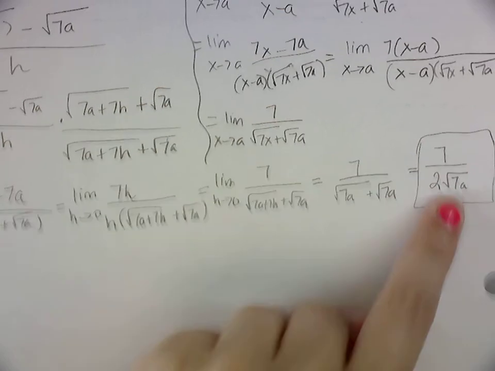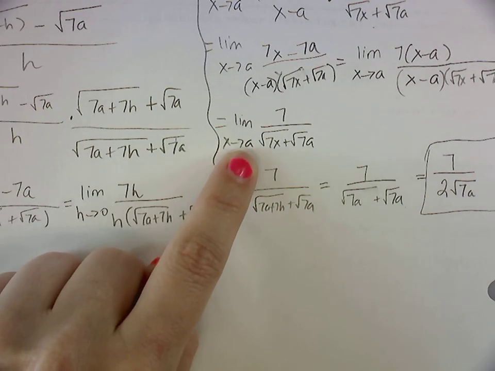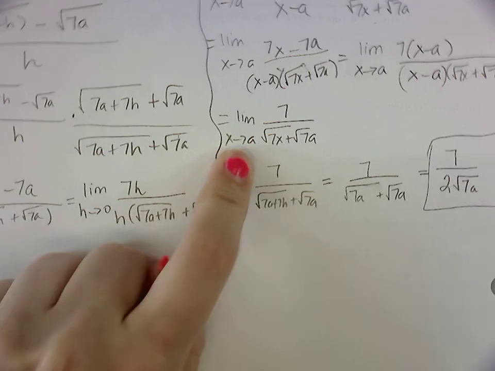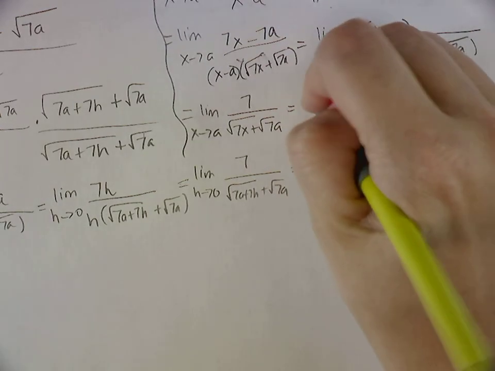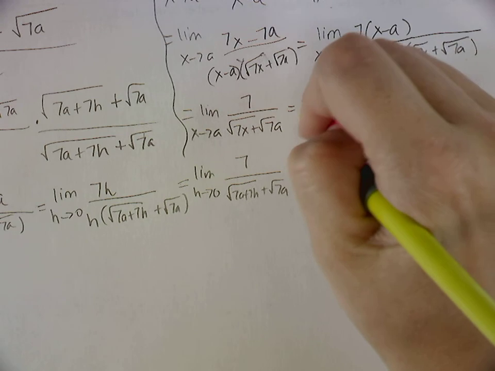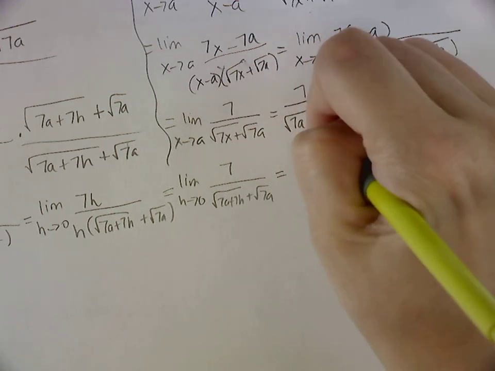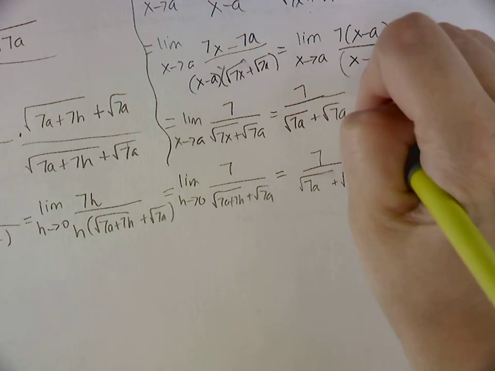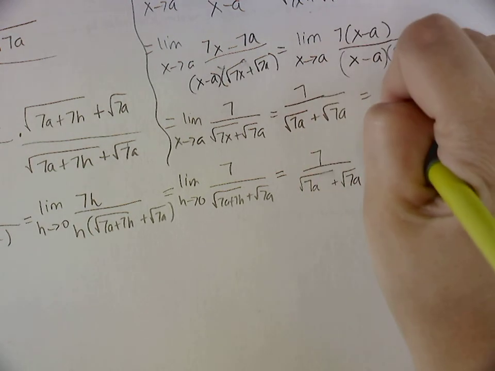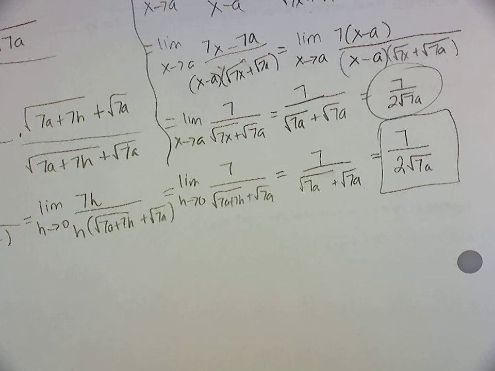For this, see how the limit is as x goes to a? That means we can plug in a for x. So this would be the step where we would do that. So now we can plug in a for x, so this would be 7a plus the square root of 7a, and then this is just like our final step of the last one. All right, and then we should get the same thing, which we did.